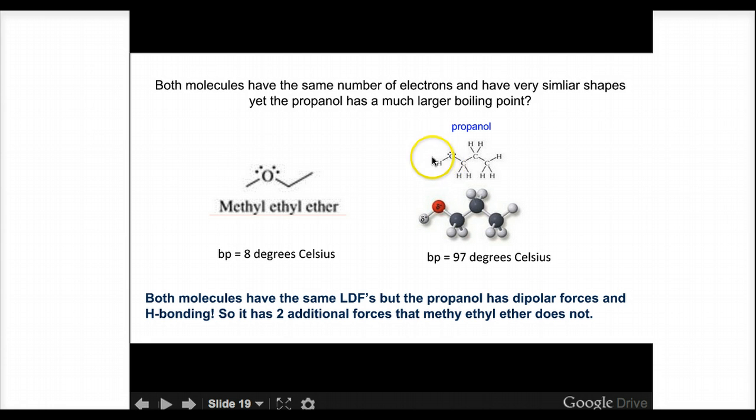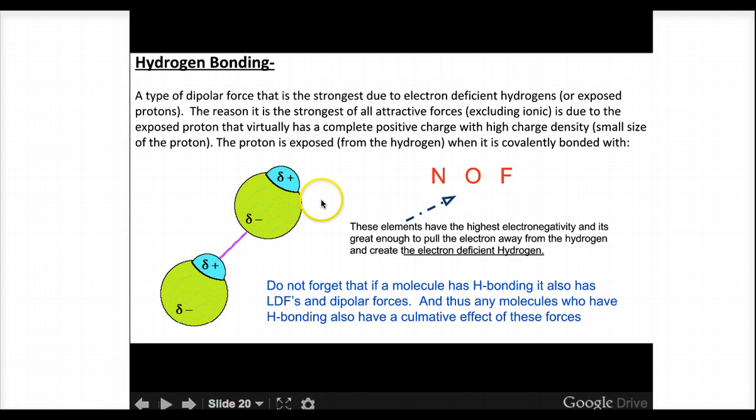Now, what is H bonding? Why does this scenario here create such a strong extra attraction? Well, if we look at hydrogen bonding, it is a dipolar force, but it's one with the strongest type of polar attractions because we have a hydrogen hooked up with a very electronegative atom. And when hydrogen's hooked up with a nitrogen, oxygen, or fluorine, those are the 3 most electronegative atoms, they create the most polar bond possible with the hydrogen.